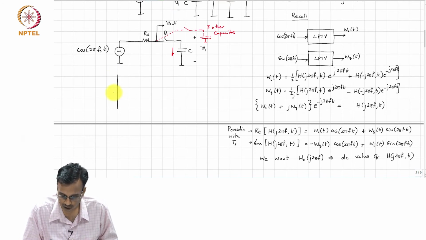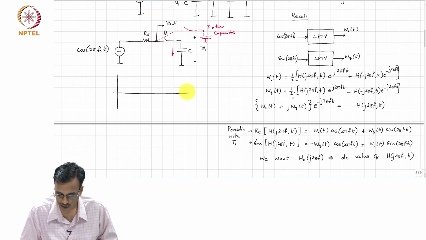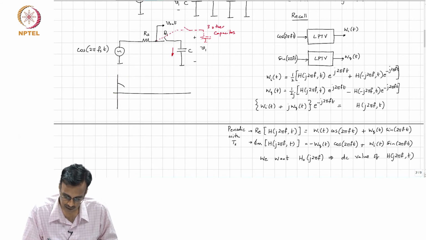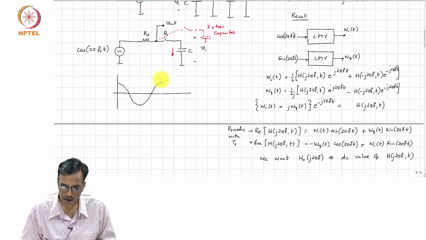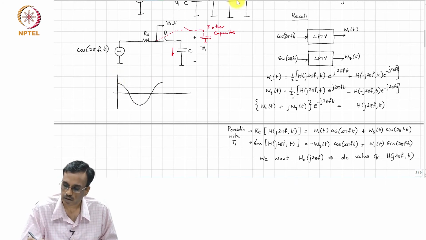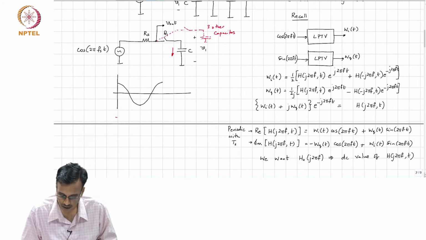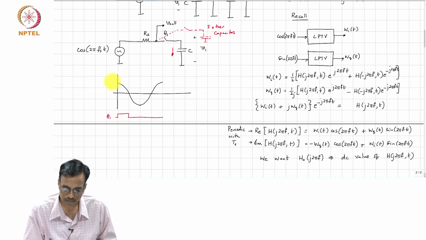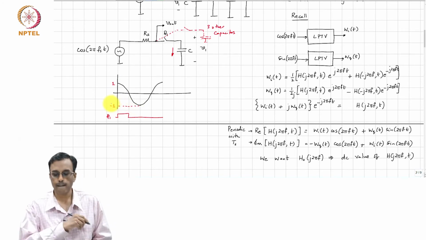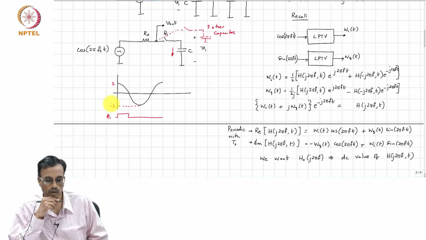So, cos 2 pi Fs looks like this, right, and this is phi 1, this is 1 and this is minus 1, all right.